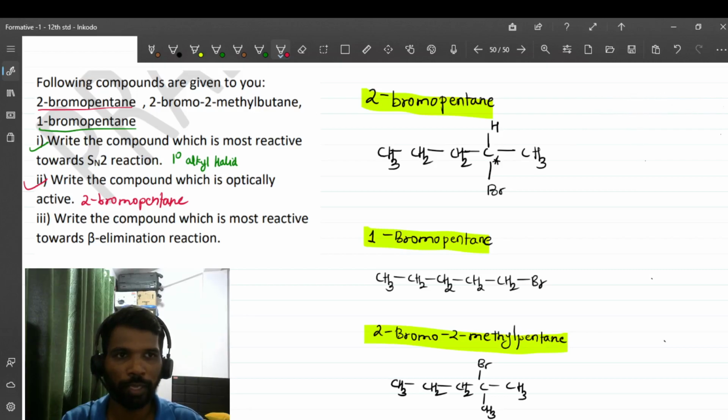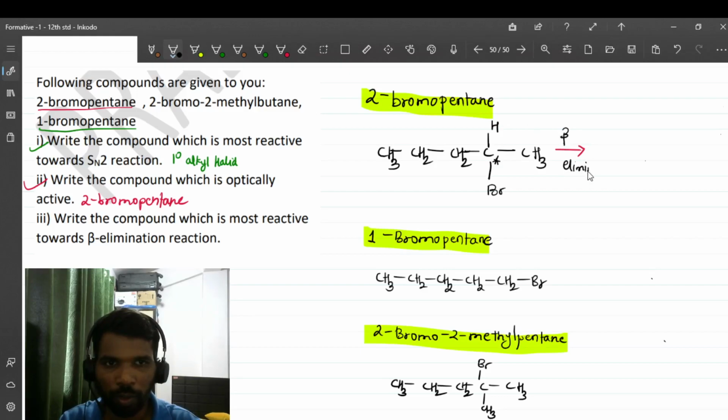You have to write the alkene which is the most stable alkene. If you do the dehydrohalogenation, or beta elimination, what will happen over here is that you will get the most stable alkene.